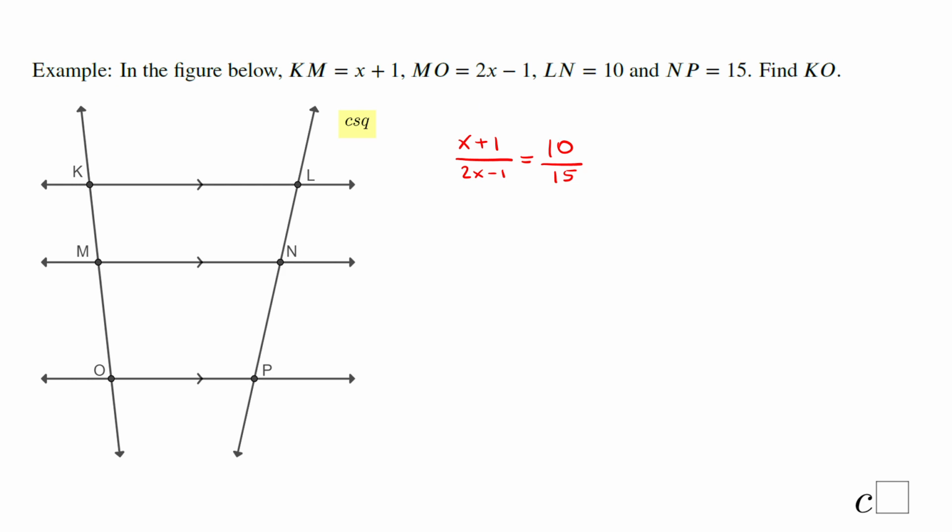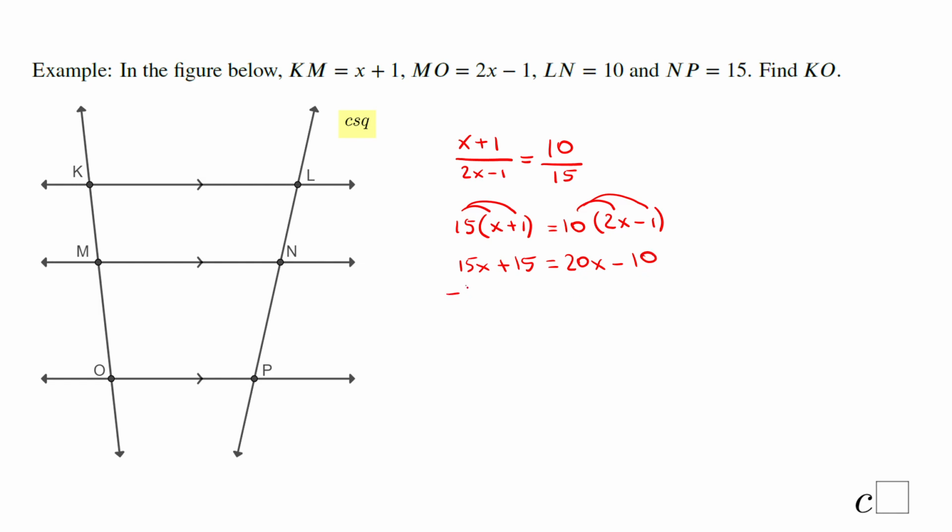So again we write this proportion, and we need to find x first, and then we're gonna find KO. So cross multiplication here, and I have 15 times x plus 1 equals 10 times 2x minus 1. So we're gonna have here distributive property, 15x plus 15 equals 20x minus 10.